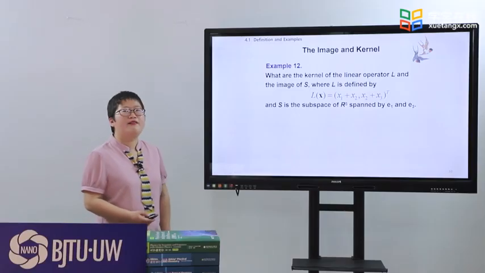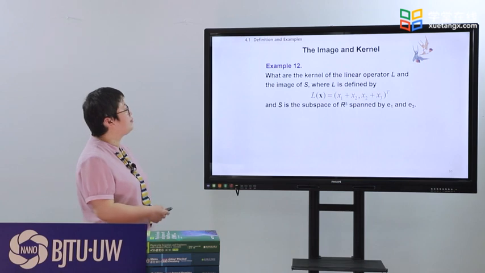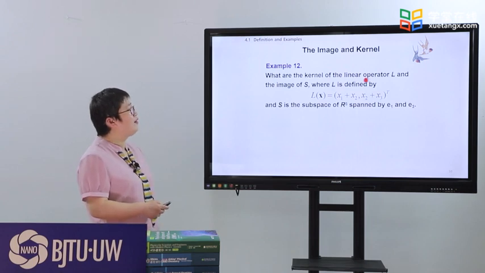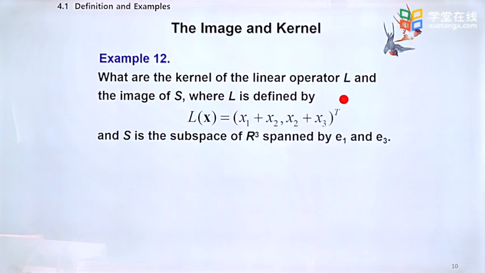Okay, now we see another example, example 12. What are the kernel of the linear operator L and the image of S, where L is defined in this way?